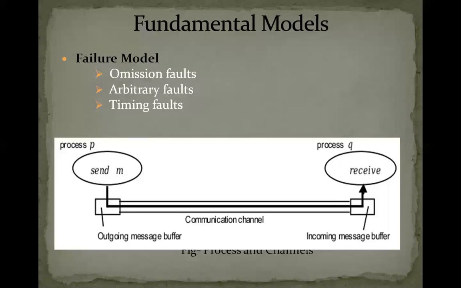So what is process omission failure? Process omission failure is said to occur when the process crashes. What do you mean by crash? Whenever a crash occurs, either the processor halts or does not respond to any request. But other processes which are running on the system may be able to detect that there is certain failure or it may not be.